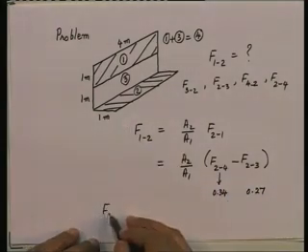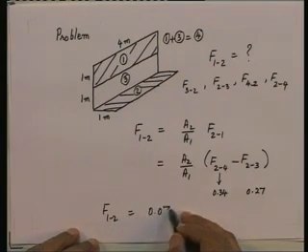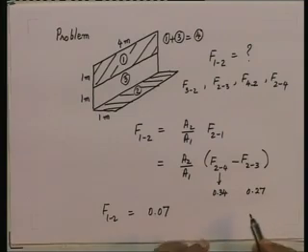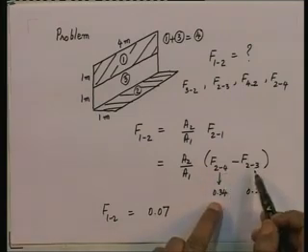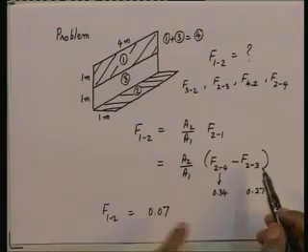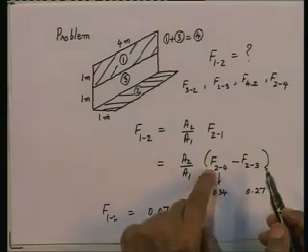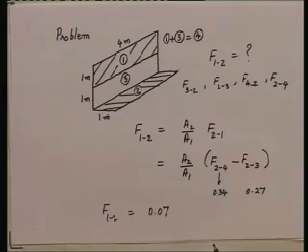So, you will get F1 to 2 is equal to 0.07. I want you to do this yourself. That means, for both these cases, for F2 to 4 and F2 to 3, calculate L1 by W and L2 by W, then go to those graphs, read off the values of the two shape factors F2 to 4 and F2 to 3, and then you will get F1 to 2 equal to 0.07.